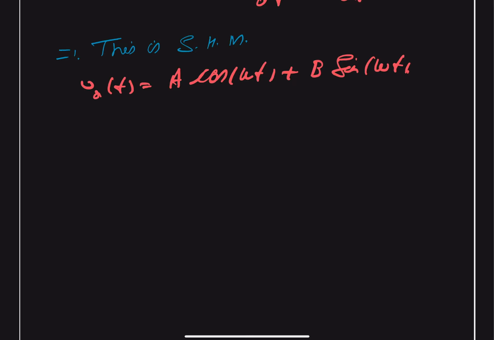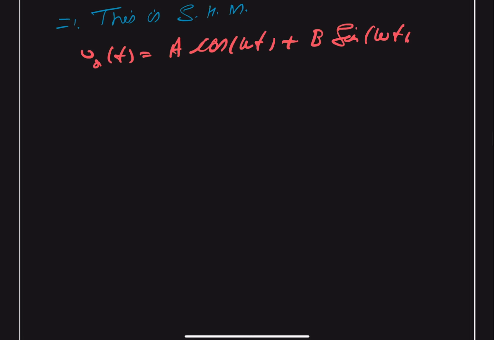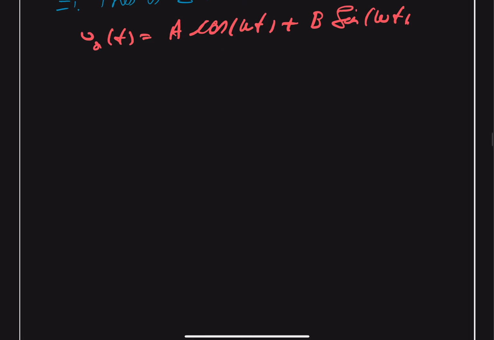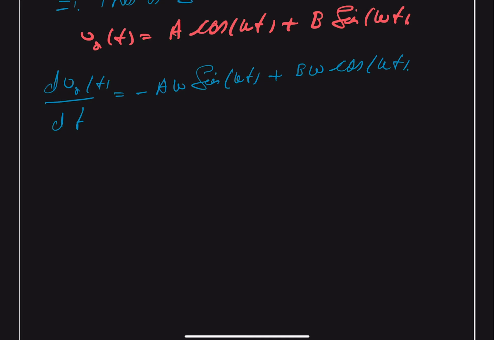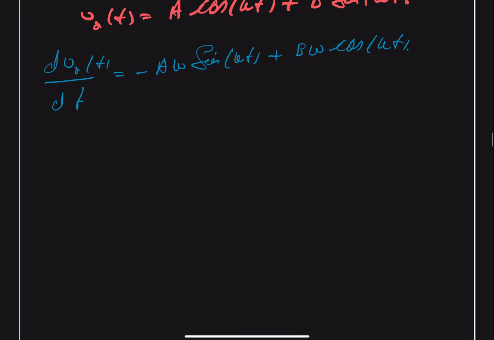And from here we can just differentiate it, and we get dvx upon dt is equal to minus a omega sine omega t plus b omega cos omega t, and this is equal to our omega vy.